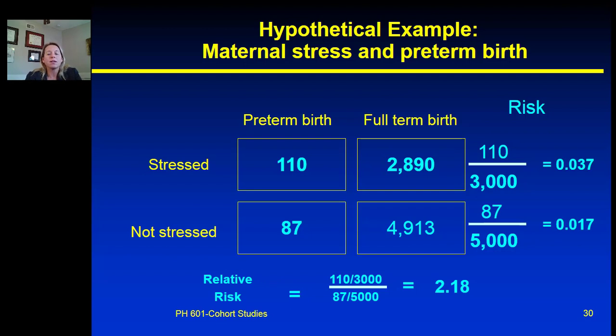And when calculating the numbers looking at the relative measure of risk, one calculates a value of 2.18, and that can be interpreted as that the risk of a woman delivering a preterm baby is 2.2 times greater if she's stressed during pregnancy compared to if she's not stressed during pregnancy. So again, the relative measure is a measure of increased fold or likelihood of the outcome occurring in the exposed group compared to the unexposed group.